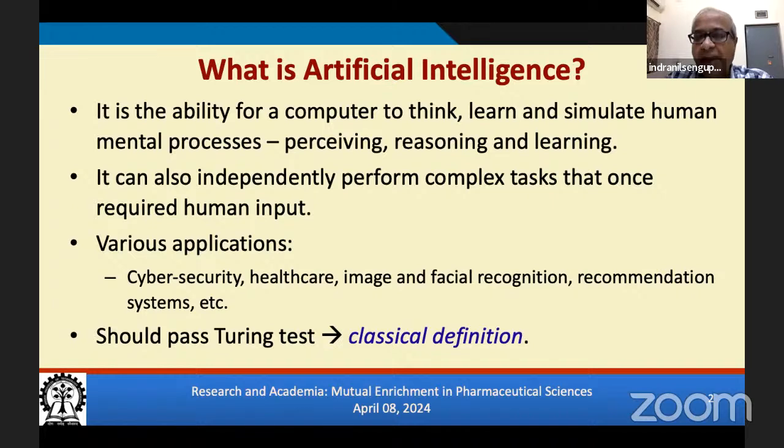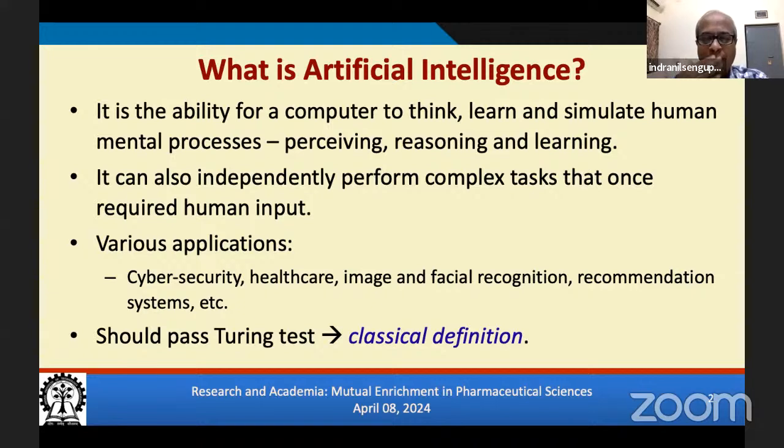Now, AI means how we can make a computer behave like a human being with respect to perception, reasoning, and also learning.